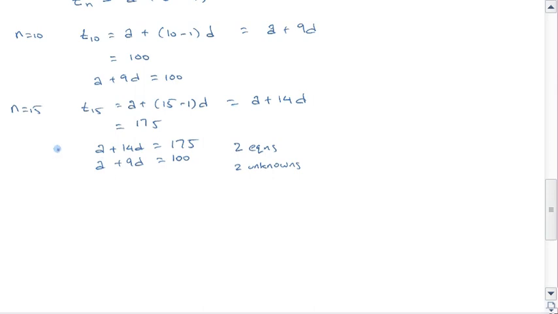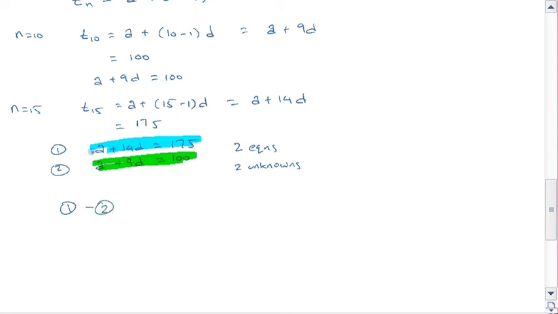So I'm going to label these equations first of all. This one's 1, and this one's 2, and then I'm also going to highlight them. So this is 1, and this is 2. So what I want to do is eliminate one of the variables between these two equations. So I can actually take equation 1, right, and say subtract equation 2 from it.